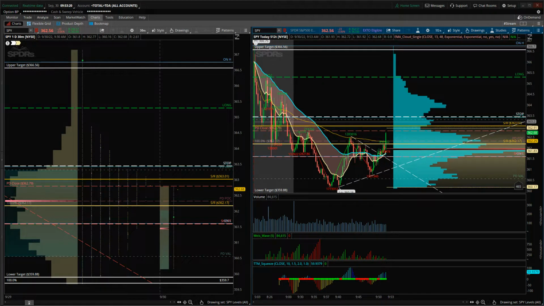Aha! And there it is. Previous day close. New high on the RTH session.